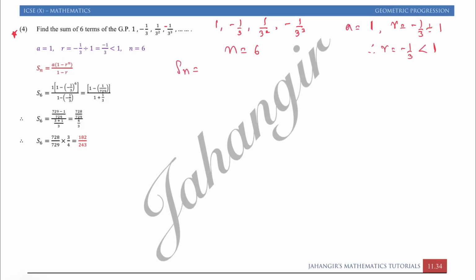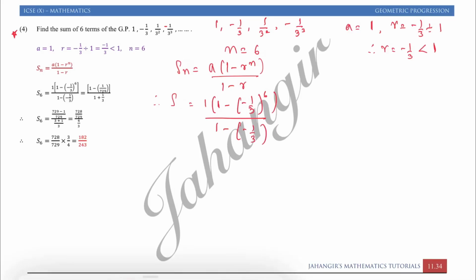So Sn is equal to a into 1 minus r raised to n upon 1 minus r. So a is 1. Let us substitute. So therefore Sn is equal to 1 into 1 minus, r raised to n, that is minus 1 by 3 raised to 6, upon 1 minus of minus 1 by 3.